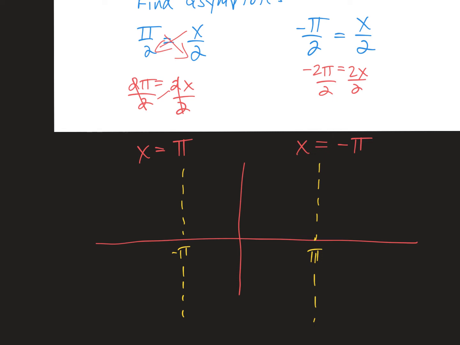How far is it, guys, from negative pi to positive pi? 2 pi, correct? So the asymptote over here on the right has to be 2 pi away. If I'm at pi and I add 2 pi, where is that going to be? 3 pi. Yep. You have an asymptote here at 3 pi. And then if I'm at negative pi and I go left 2 pi, what do I end up at? Negative 3 pi. Perfect.